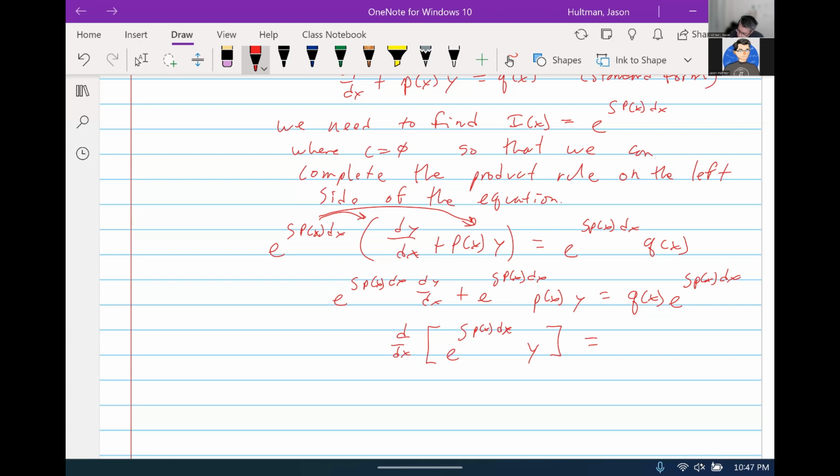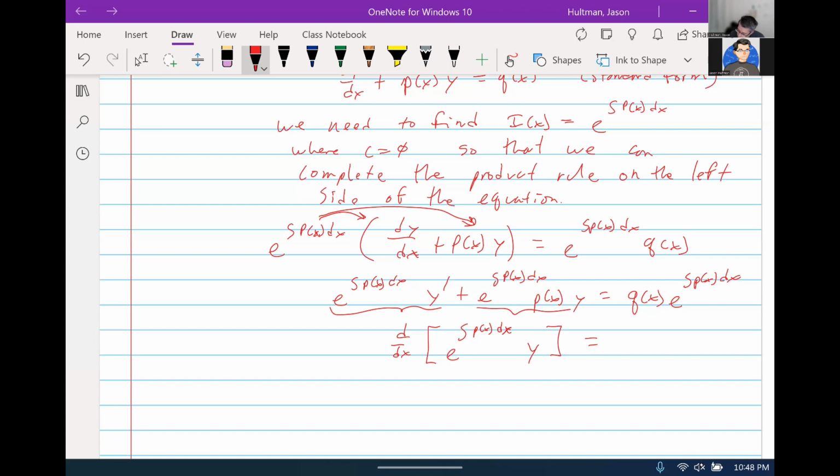Now, how is that? Well, this comes to us from the product rule. If we take the first times the derivative of the second, we would get this term here. This y would become this y prime here. And then what would happen if I took the derivative of the first times the second? Well, the y is just the second.